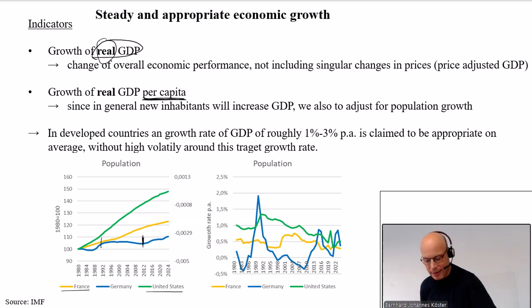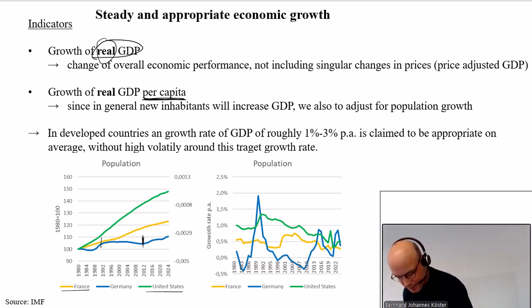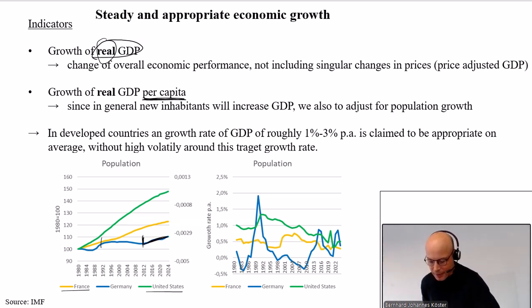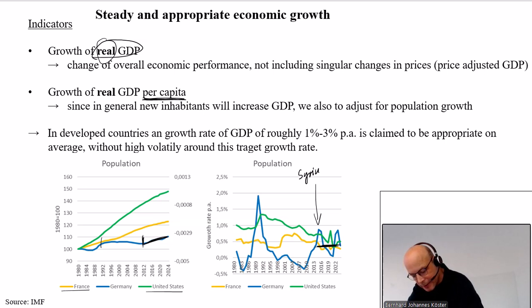and also because of the singular crises which we have had since then. Here on the right side, you see that we started roughly in 2010, 2011, with a more or less steady growth, and I showed you the per year growth rates here. In general, you see these two peaks, and these two peaks are due to the refugees coming from Syria and from Ukraine to Germany.